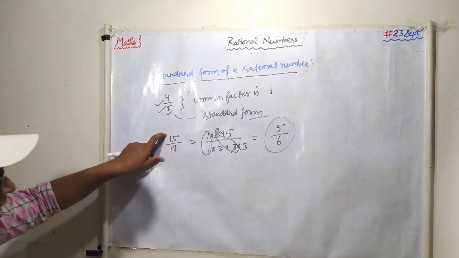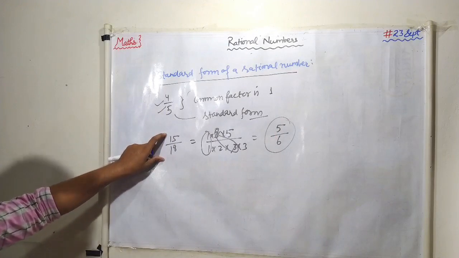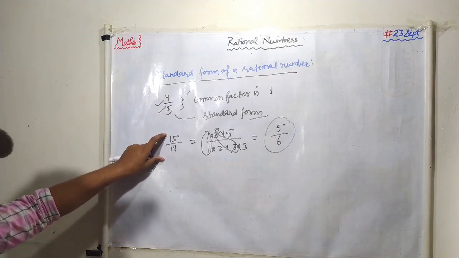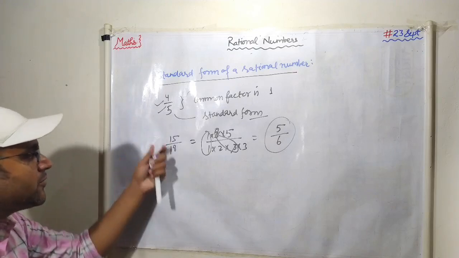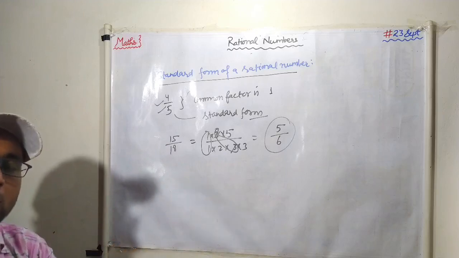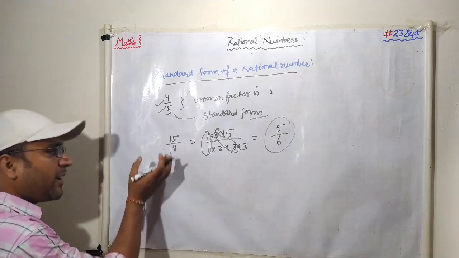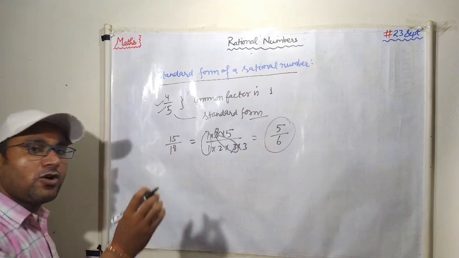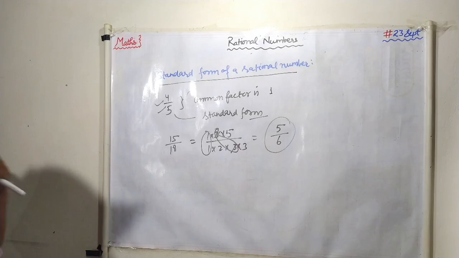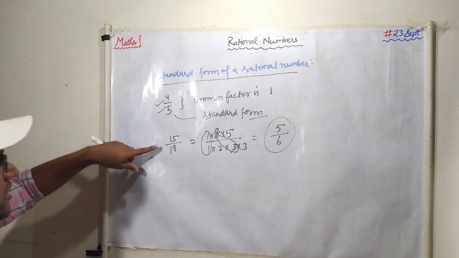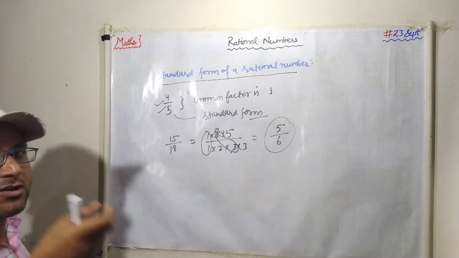So by cancelling out the common factor, how will you find this common factor? You will find the HCF of both the numerator and denominator. Then if you divide by that HCF, you will change it into the standard form or simplest form, or cancel out both numerator and denominator by the same non-zero number.